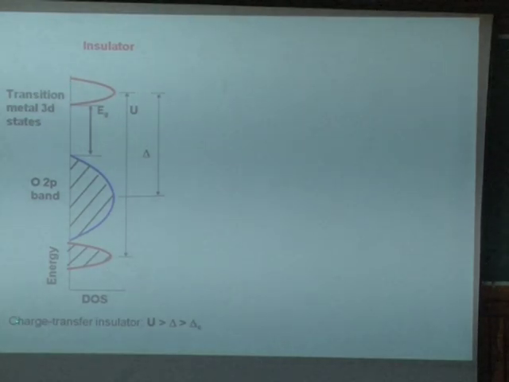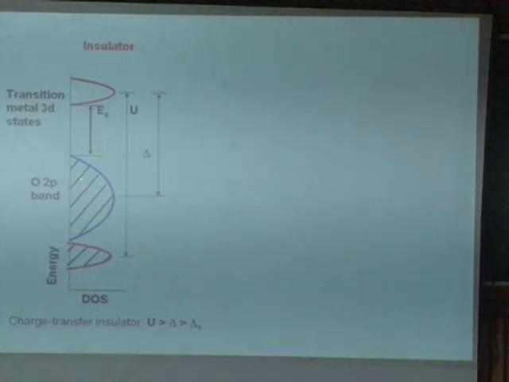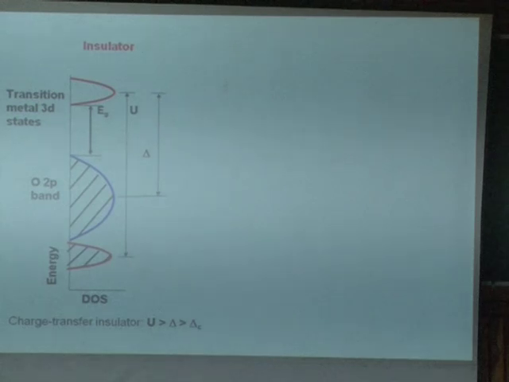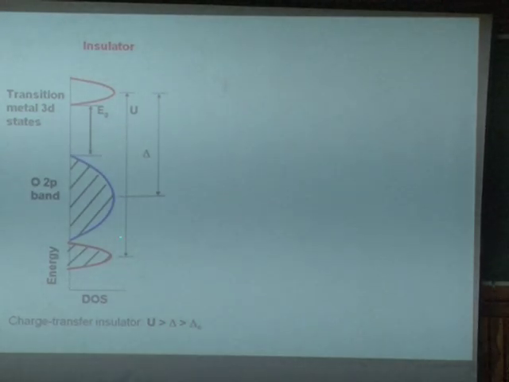So that's why it's called a charge transfer insulator. That is, a band gap or the minimum excitation is of a charge transfer kind, where an electron from oxygen has to be transferred to the transition metal side. This happens in the limit when U is larger than delta, as shown.